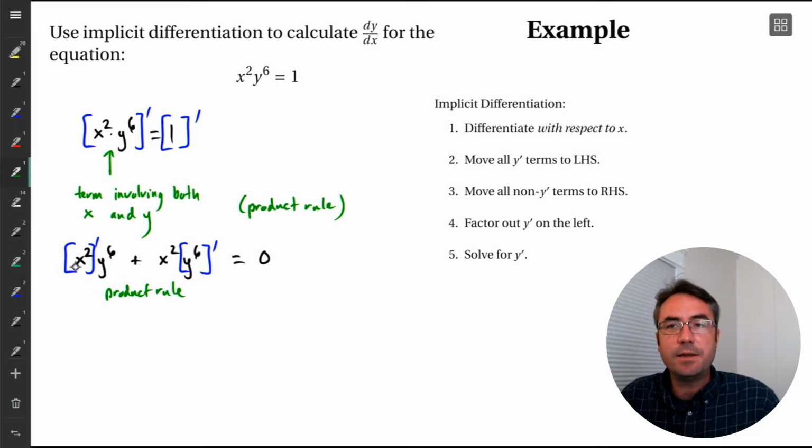And now we still have some derivatives to do, but each of these are things we can handle, things that we've seen before. So derivative of x squared. This is a term involving only x.